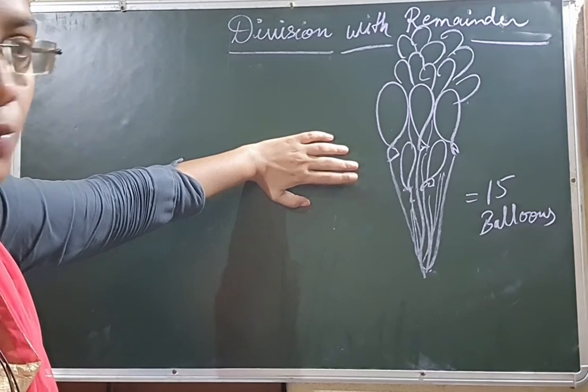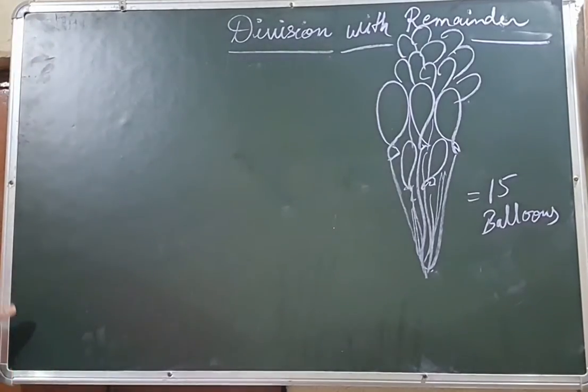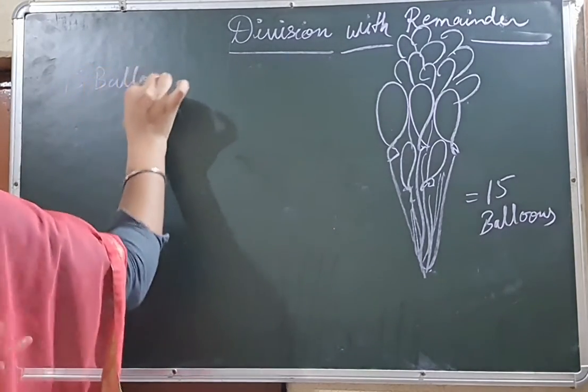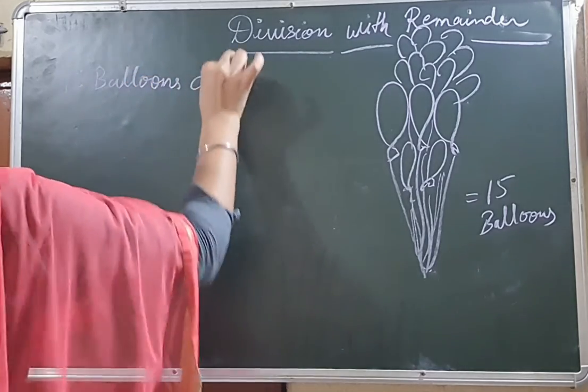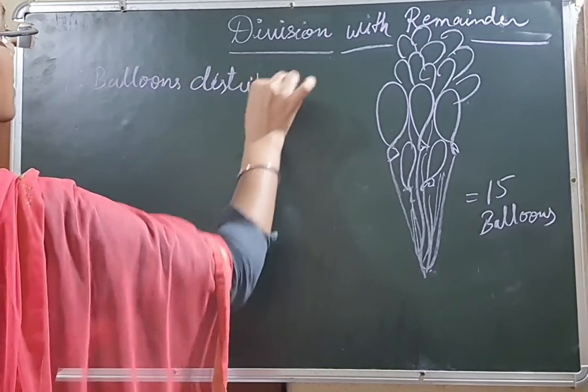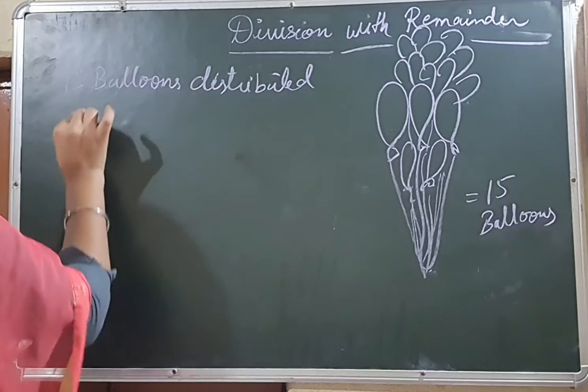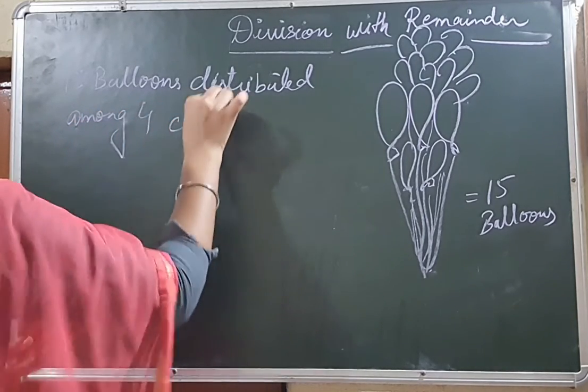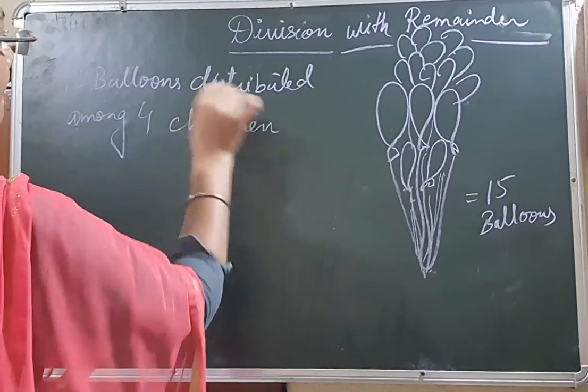Among 4 students, when you divide 15 balloons, you distribute them among 4 children equally.